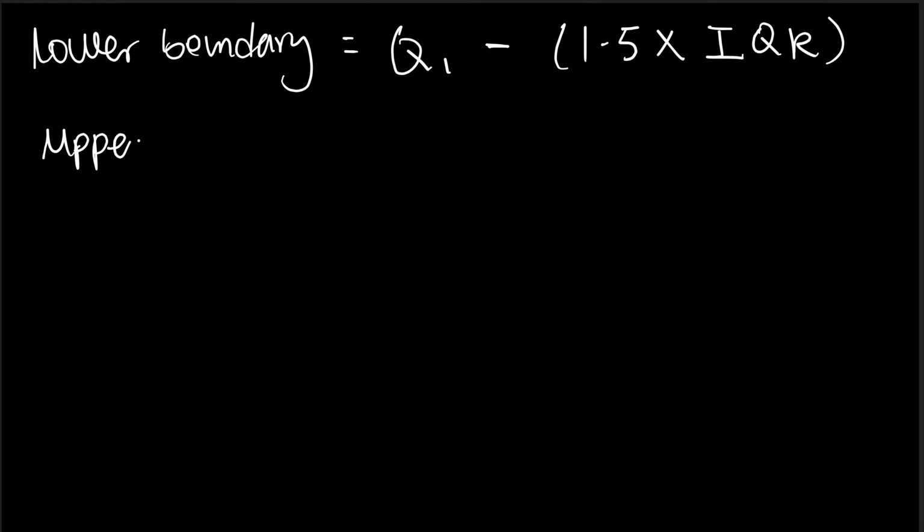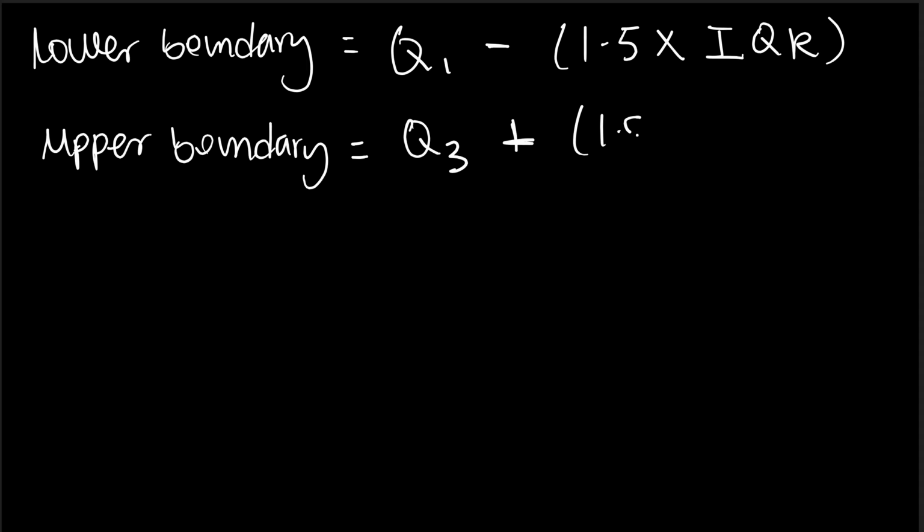To calculate the upper boundary, you're going to do the upper quartile plus, this time, 1.5 times the interquartile range. Let's try to see the reasoning behind it.